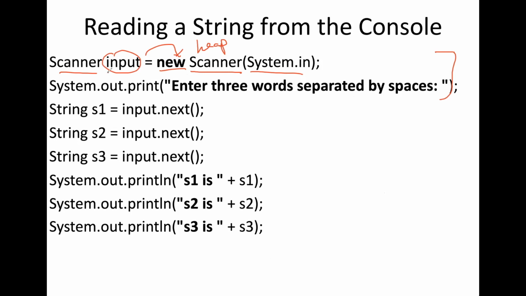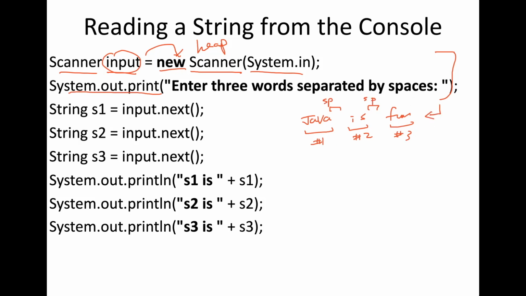Suffice to say that you have an input object and you have a console print asking the user to enter 3 words separated by spaces. Let's say "Java" is the first word, "is" the second word, "fun" the third word, with spaces in between, and hit enter.